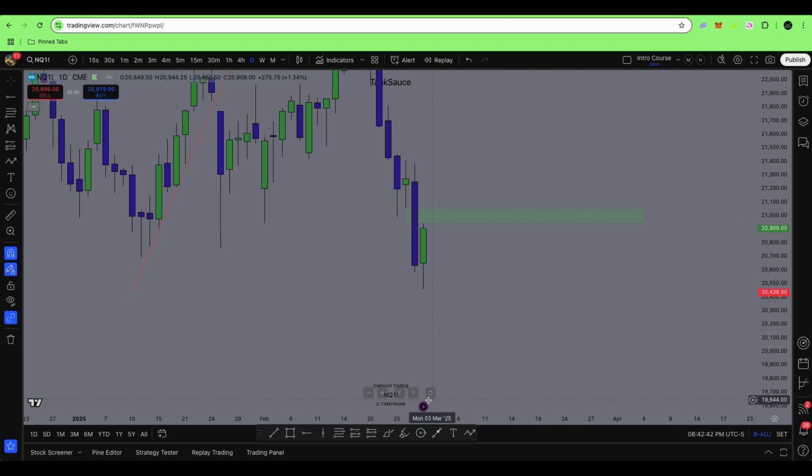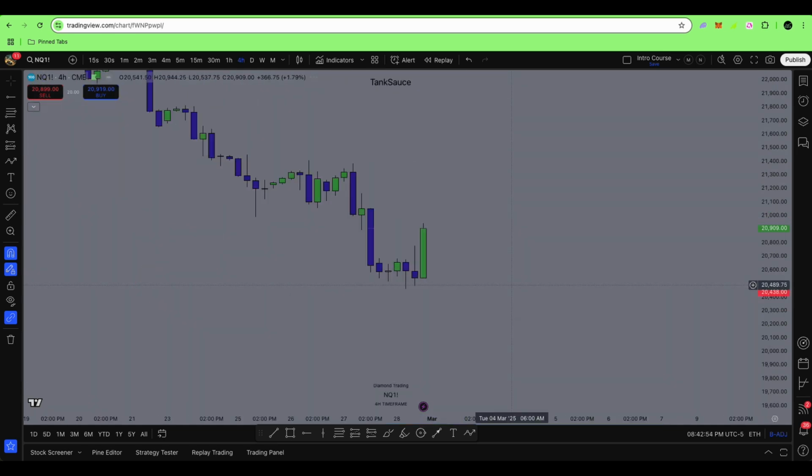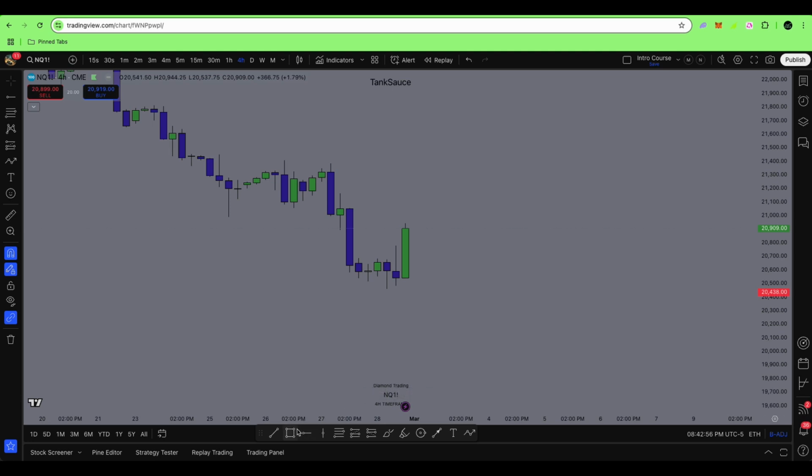And if we want to see price hit an FVG, which again is a zone, and reverse and continue in the way it's going, what happens if we close outside of an FVG, right? Well, here on Friday, we did not hit this FVG and continue down. We attempted to right here.